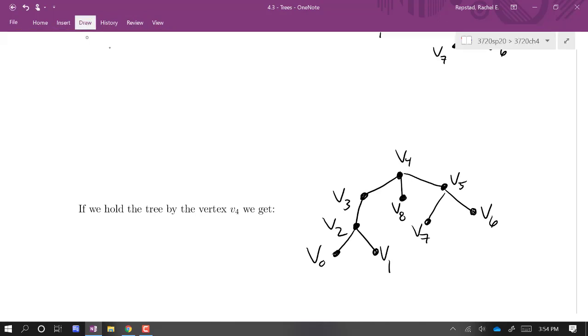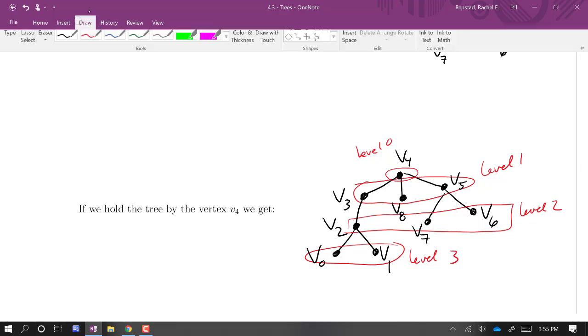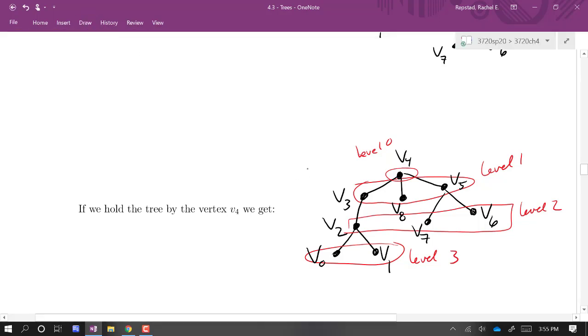If I look at this graph where V4 is the root, then V4 is level 0 because that is the root. Here are the level 1 vertices, and then here are the level 2 vertices, and then we got some level 3 vertices. The highest level is considered the height of the tree, so this tree has a height equal to 3.